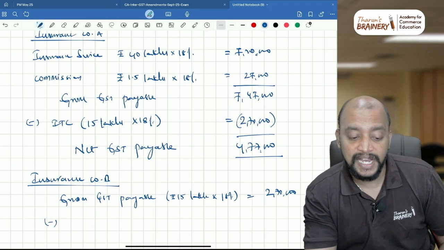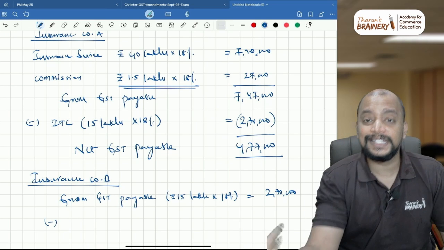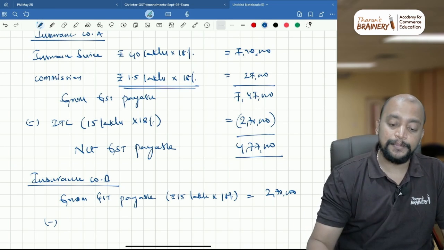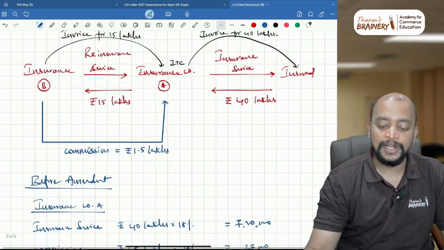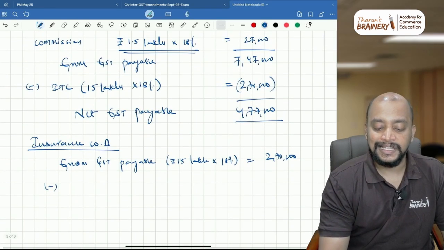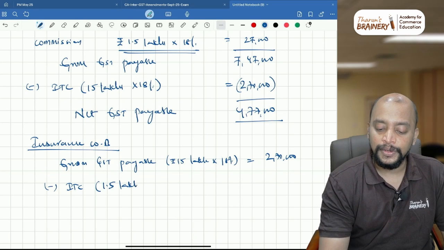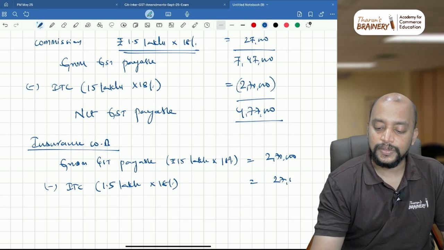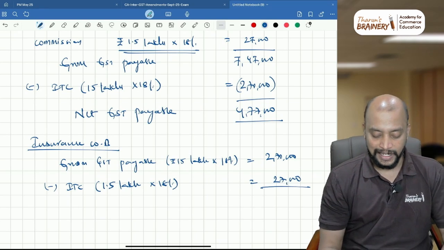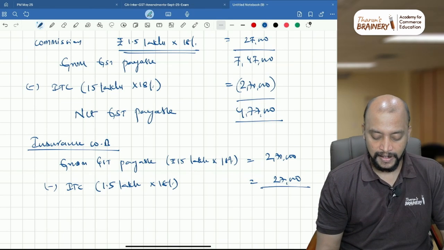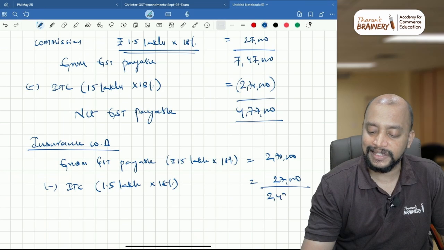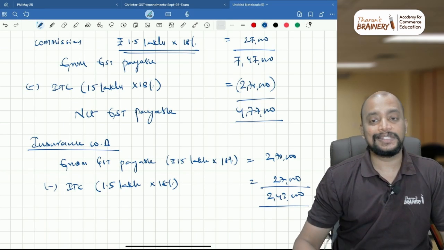Insurance company A is paying GST on commission, so this is an inward supply to insurance company B because they are giving the commission. So ITC will be 1.5 lakhs into 18%, that is 27,000. So 2,70,000 minus 27,000 is 2,43,000, which will be taken as the GST.